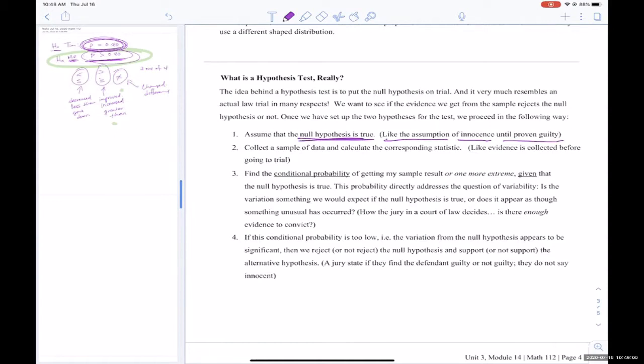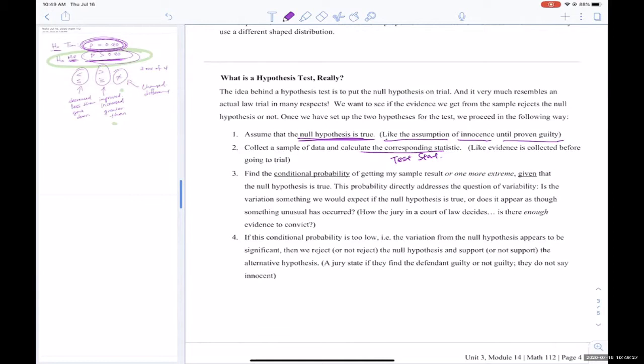Always true. Collect the sample data and calculate the corresponding statistic. This is your test stat. And we find the conditional probability of getting my sample result, or one more extreme, given that the null hypothesis is true.